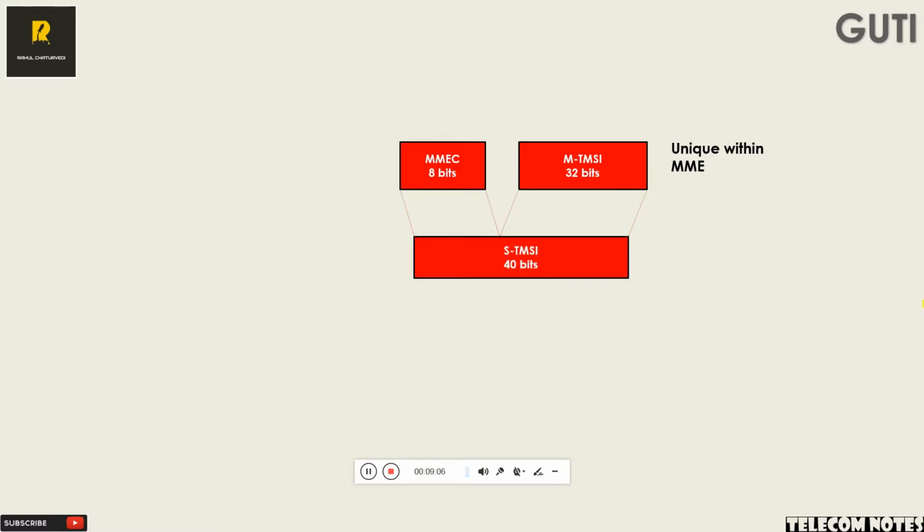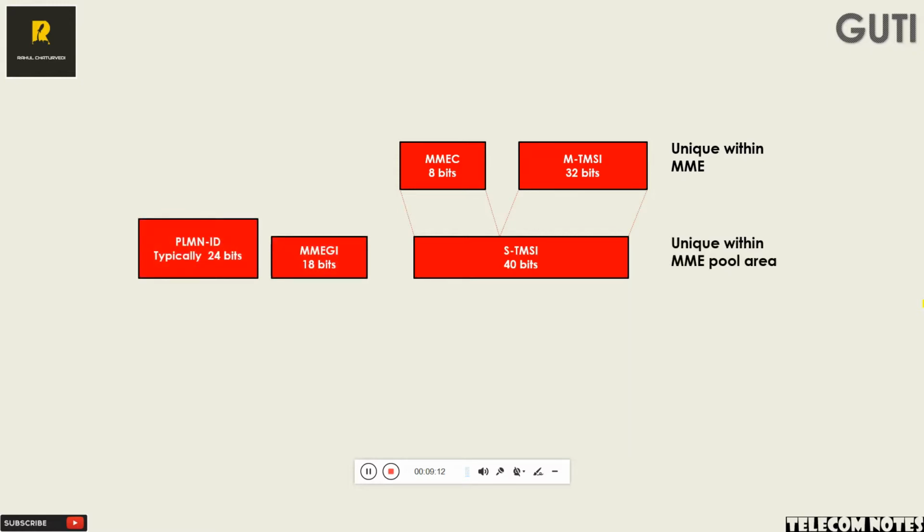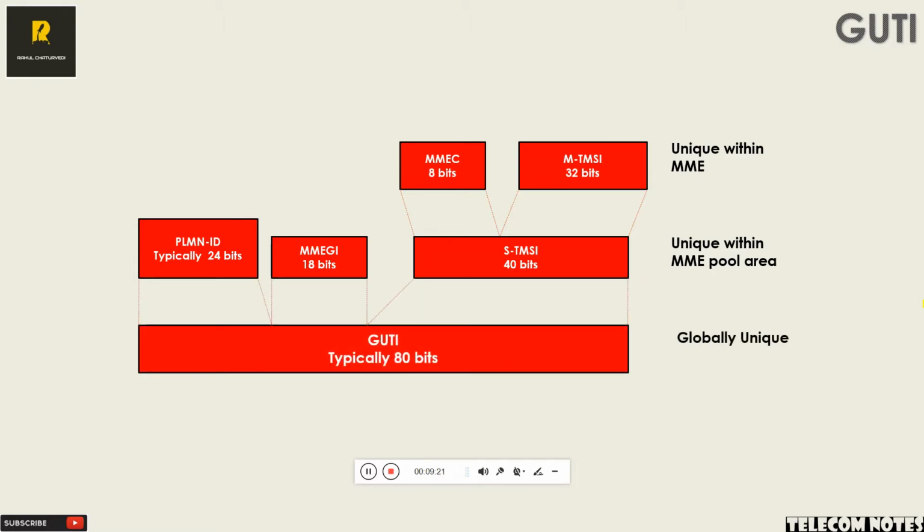With the combination of these two, we get the STMSI of 40 bits, while with the combination of PLMN ID, MMEGI, and STMSI, we'll get the GUTI. So the GUTI is typically of 80 bits, in which PLMN identity is having 24 bits, MME group ID is having 16 bits, and the STMSI is having 40 bits.